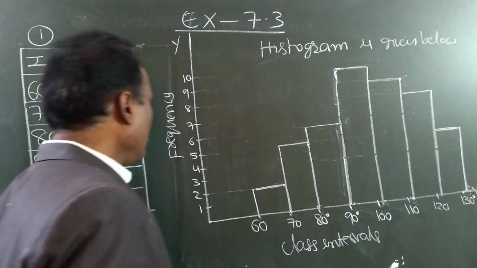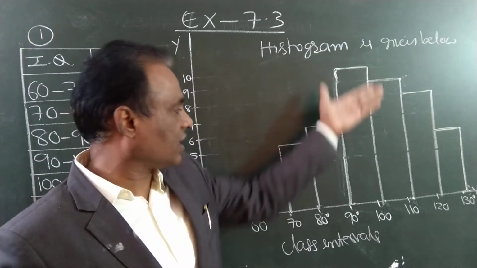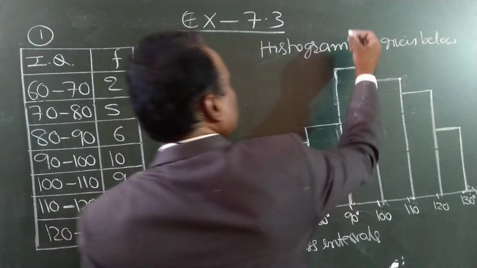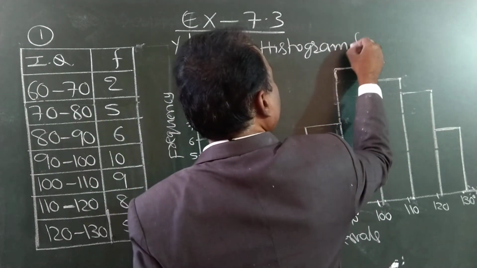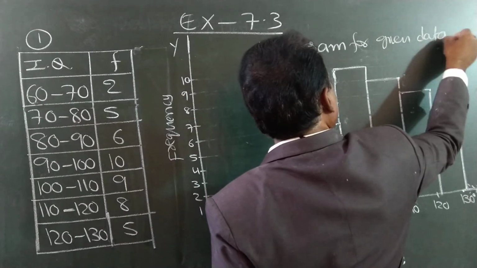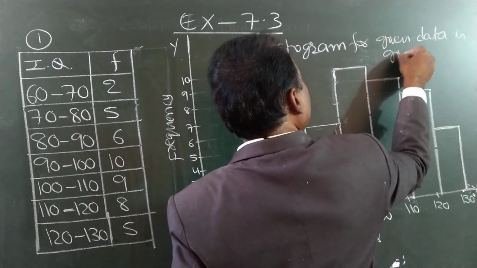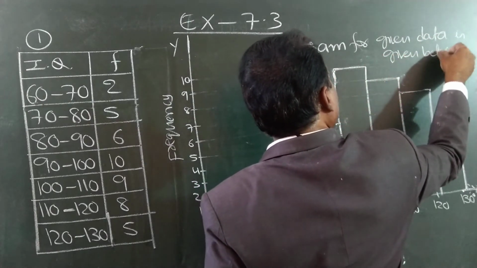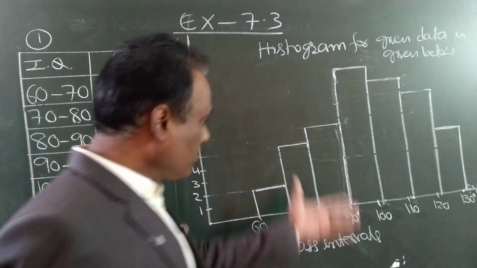First write down this table. The histogram for the given data is given below. That's all.